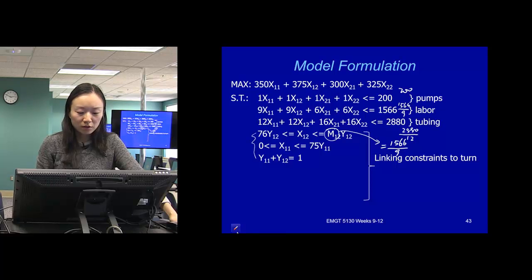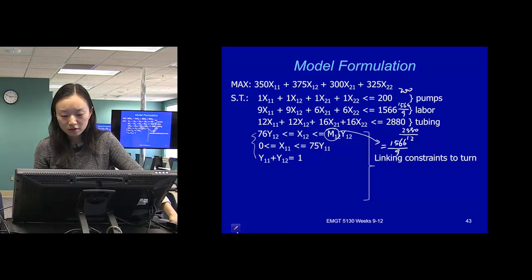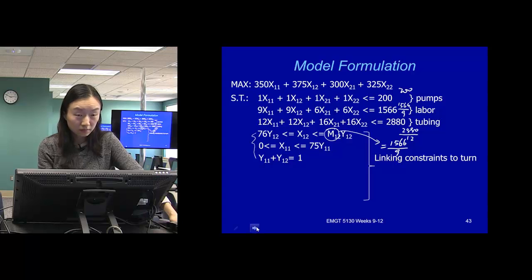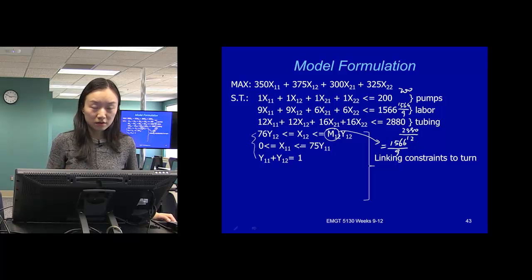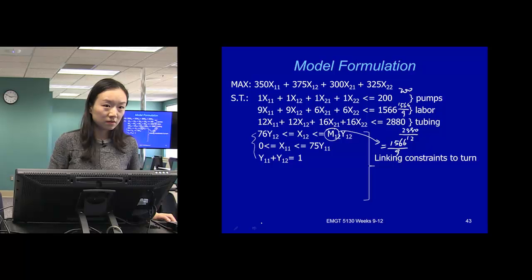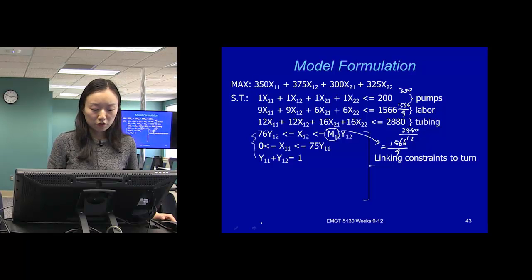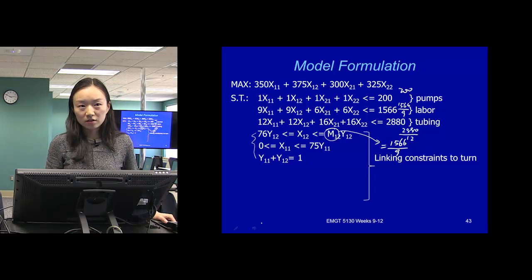Okay, then what about the other one? For hydrolysis, what would be the constraint? Once you figure out this set, can you write the other constraint? For hydrolysis, if you go beyond 50 units.